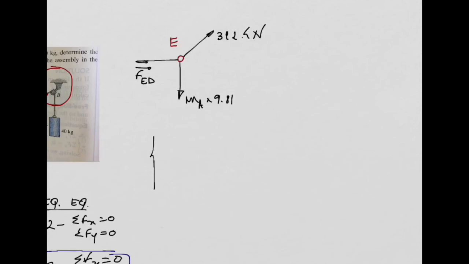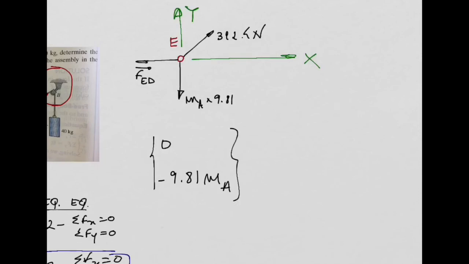We need a coordinate system, x, y. Let's start with the weight. The weight is in the vertical direction only, so we don't have any horizontal component. The vertical one is going to be negative, right? So minus 9.81 MA. This is the weight vector.